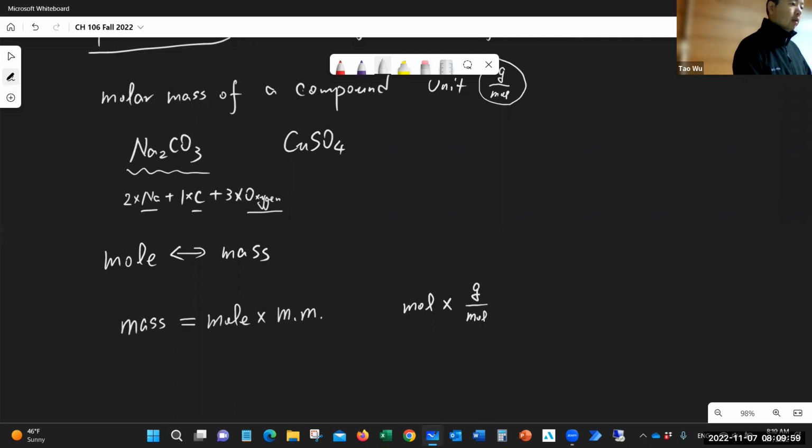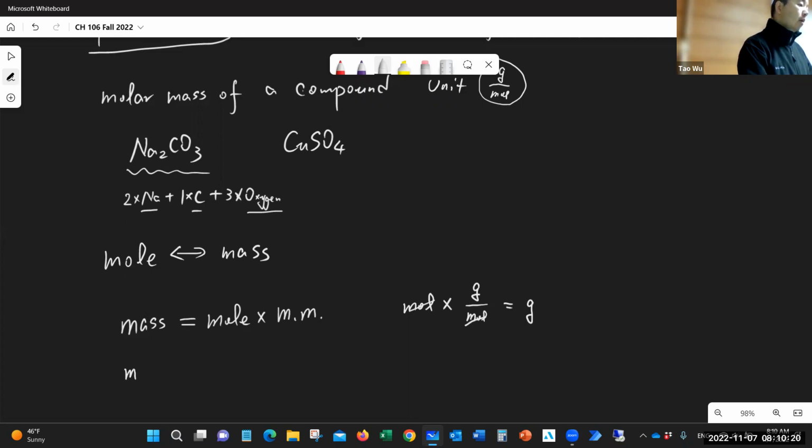You see that this mole and this mole will be canceled, so the unit will be just gram, which means it's a mass. That is why mole times molar mass will give you the mass. So this is the equation: mass equals mole times molar mass.